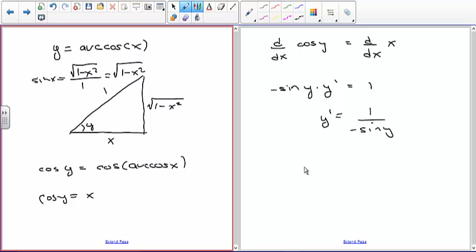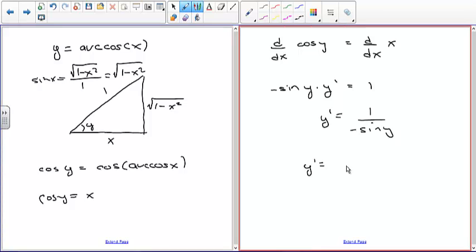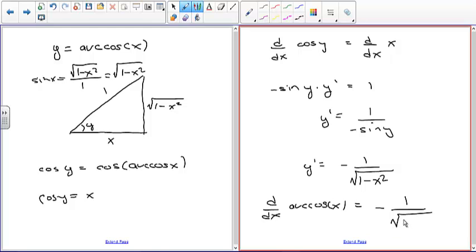So we get y prime is equal to negative 1 over the square root of 1 minus x squared. So we can say that the derivative with respect to x of the arc cosine of x is equal to negative 1 divided by the square root of 1 minus x squared.